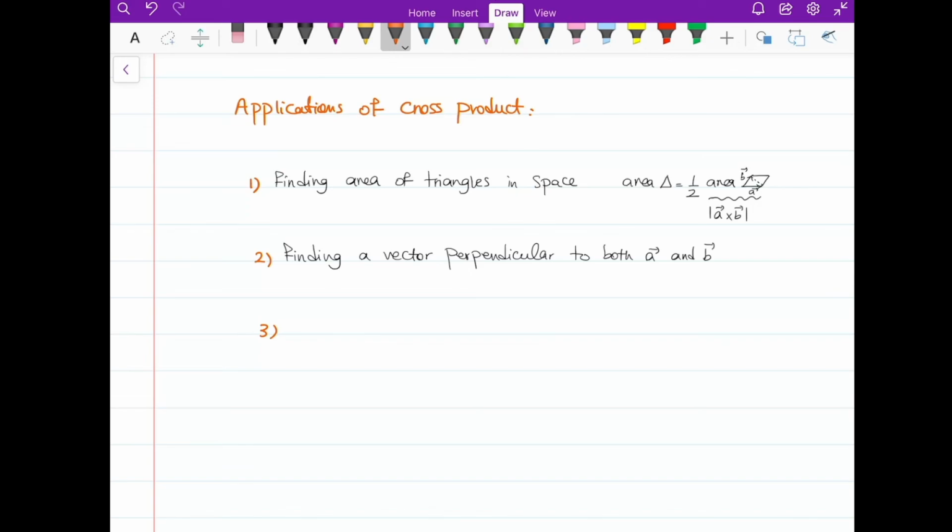And number 3 is checking parallel vectors. If two vectors are parallel, then their cross product would be 0. So I can say that A is parallel to B if and only if their cross product is 0, meaning the zero vector.